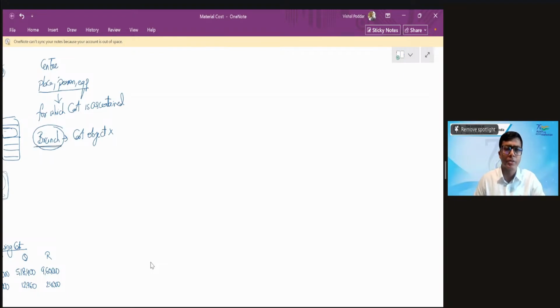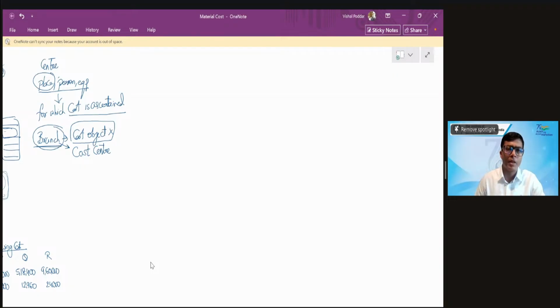In that case, it cannot be called a cost object. Though you are doing costing of a branch, you are not going to sell it. It is not your product. It is done for internal control purposes. So in such cases, this branch will be called your cost center. Why? It is a place for which you are computing the cost.